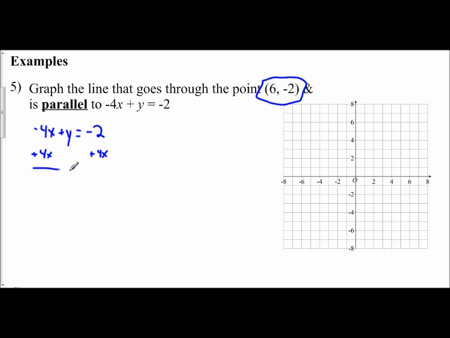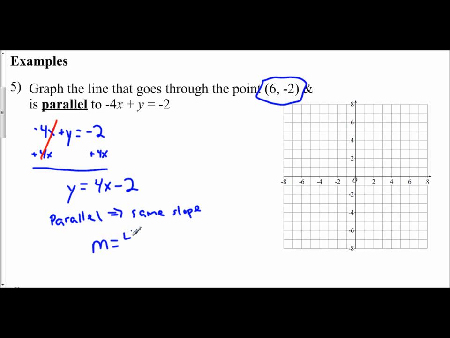So I add 4x, that cancels out the -4x, and then I have y = 4x - 2. Parallel means the same slope. So since it's the same slope, the slope I'm going to use will be 4 as well.